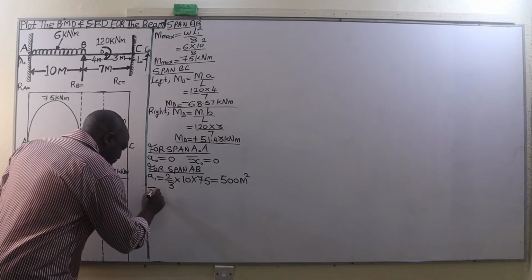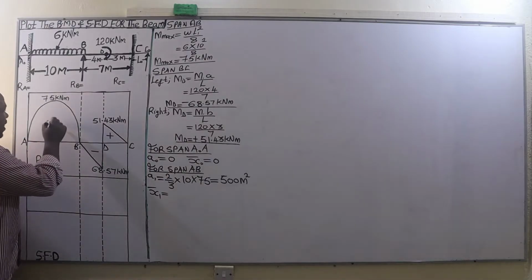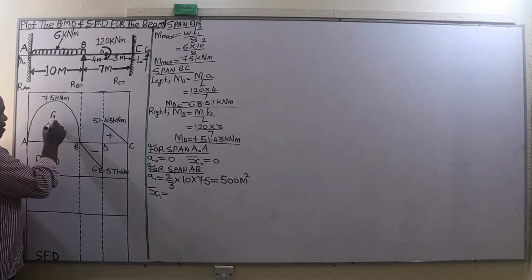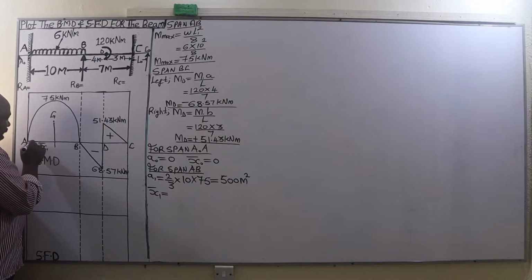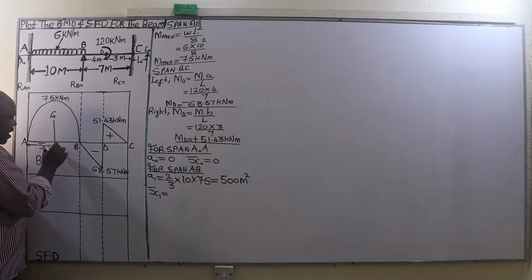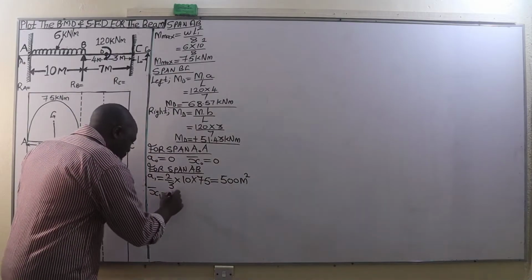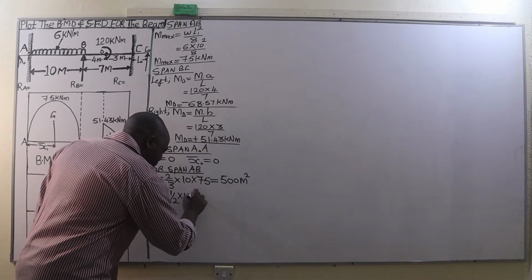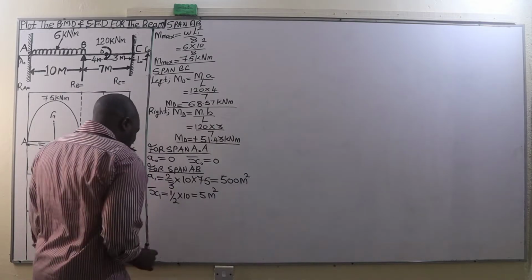Then we determine the value of bar x1, which in this case is the distance from the center of gravity of this bending moment diagram all the way to the end A. So that is bar x1, and it will be given by half the span AB. So that's going to be half of 10, which is 5 meters, since that is a distance.